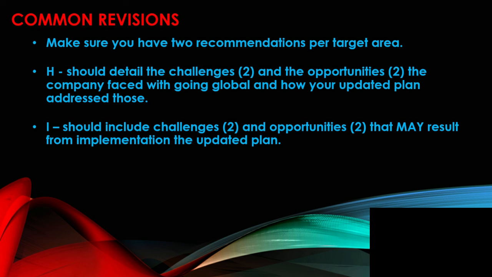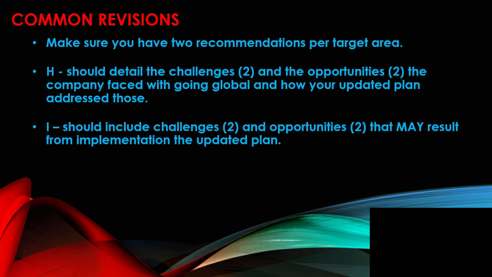So common revisions on this one. It is very simplistic. People don't put 2 recommendations. That is a big one that people do not do, and they are not specific and they are not separate. So again, I gave you the example of I recommend the cloud, I recommend a new data center, I recommend this.